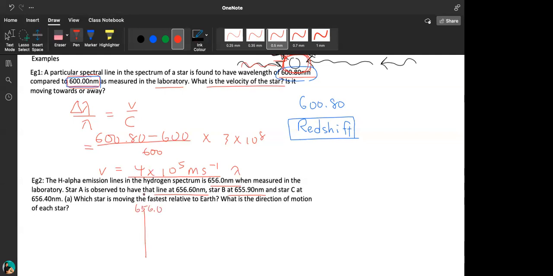Star A is larger than that, so you'll be on this side. Star B, 655.9, is on the left side. And star C is at 656.4.